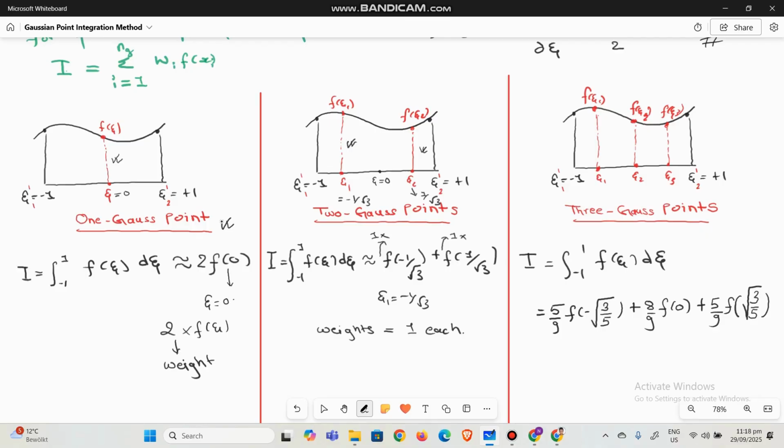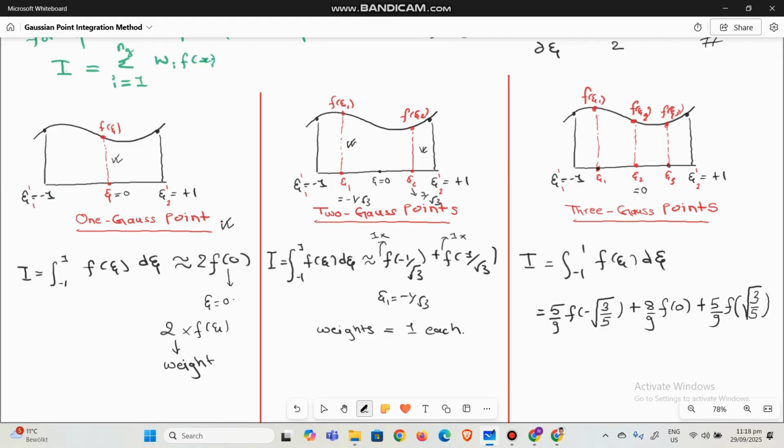Similarly, if we use 3 Gaussian points, as you can see here, xi2 is 0. This is the first Gaussian point, this is the second Gaussian point, this is the third Gaussian point. The first Gaussian point would be -√3/5, which is this xi1. So this 0 is this one, and then +√3/5 is xi3.